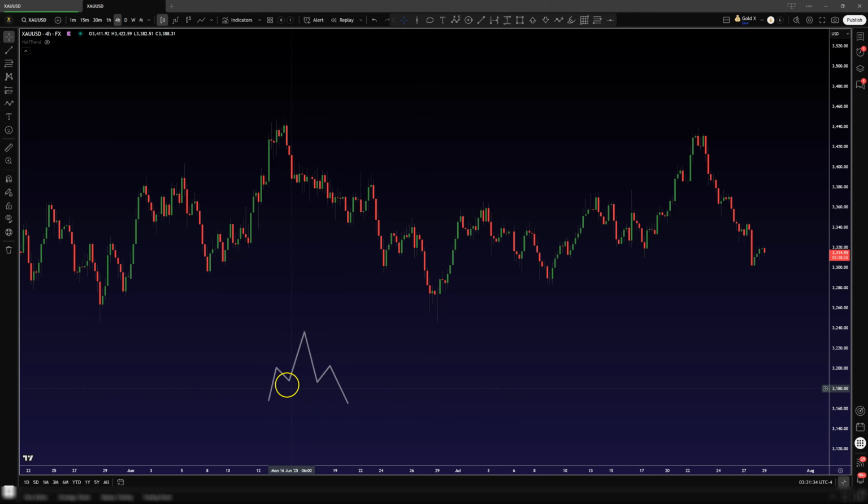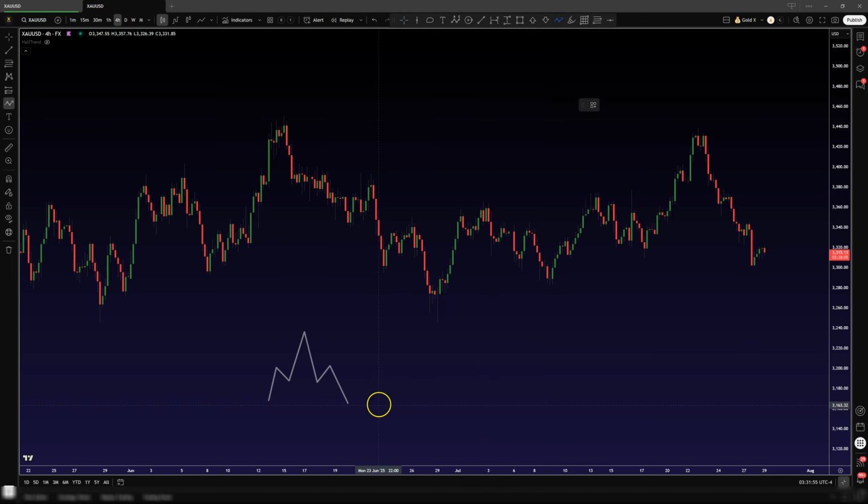Here's the neckline, here's the left tip, here's the right tip. That's the Head and Shoulder, here's the head. Very common pattern. Many people trade it. Depends on where you take it, of course. It may work, but it's not a super solid pattern.